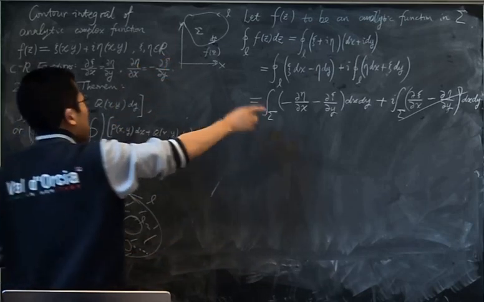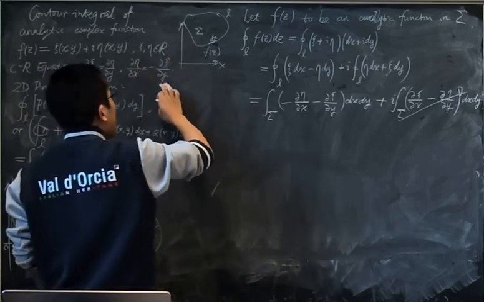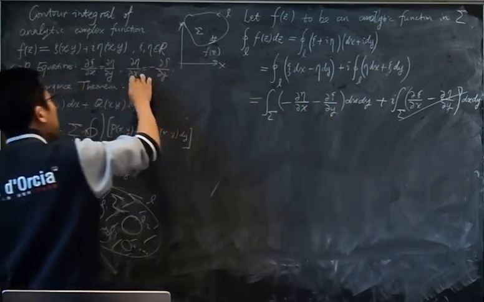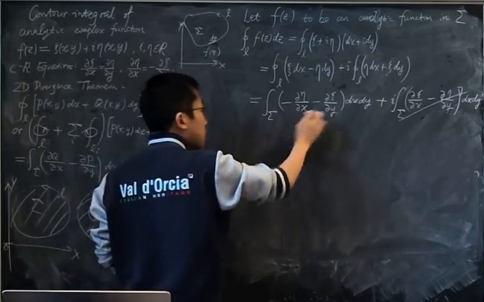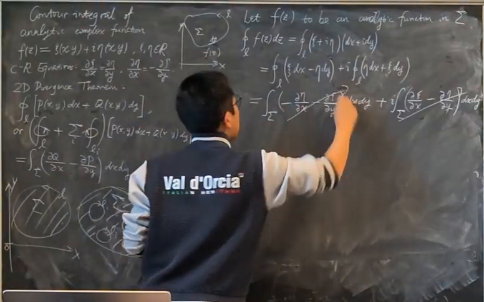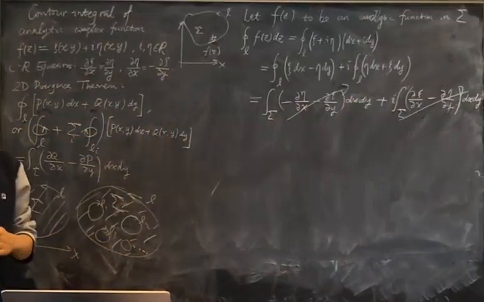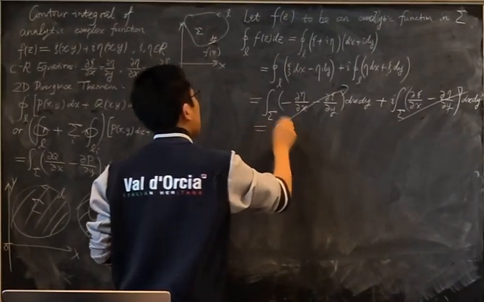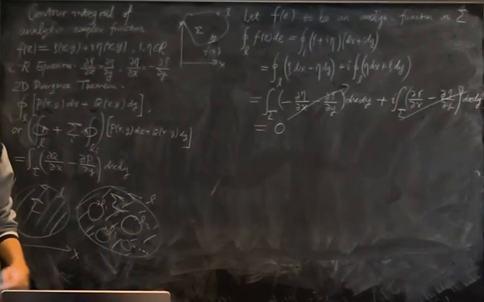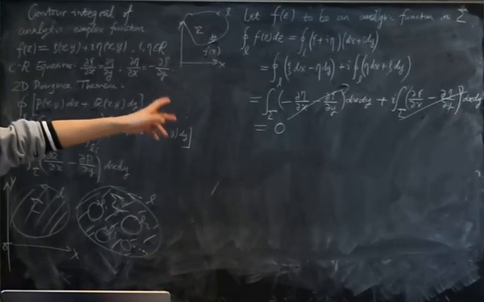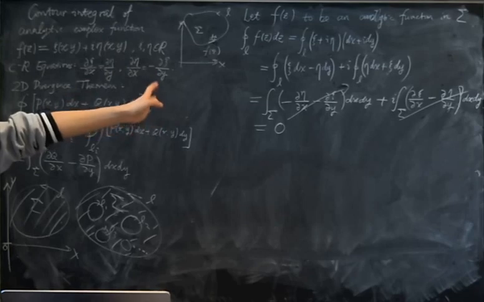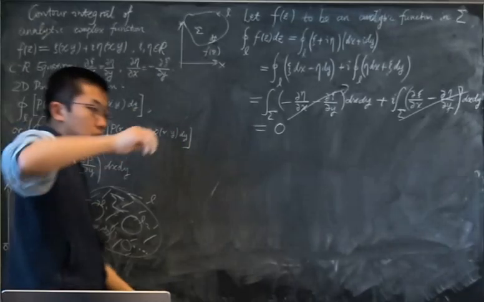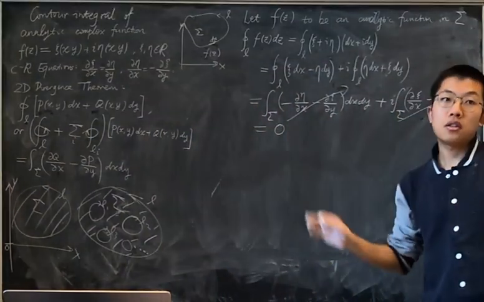So here, we can just replace this negative partial xi over partial y with a positive partial eta over partial x. So this term also cancels. So we get a very nice result. This is simply 0. This property is very important, and it's very unique to complex analysis, because we would never imagine a real function to have such a nice property.